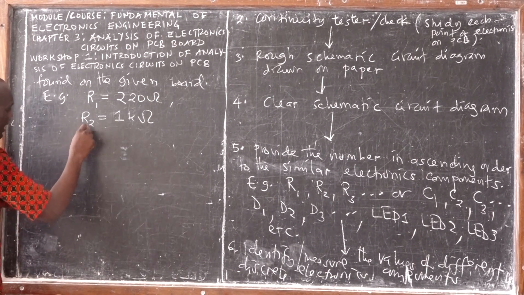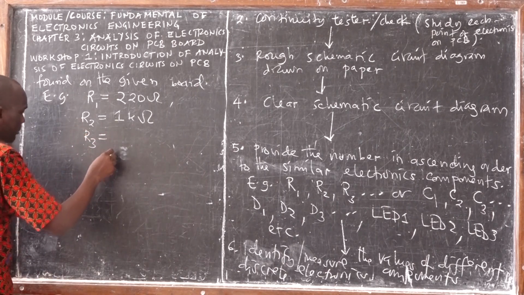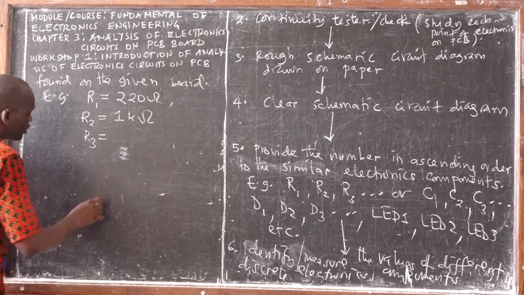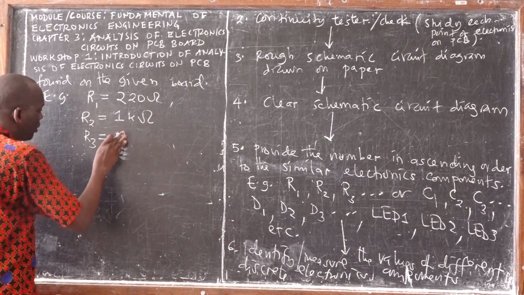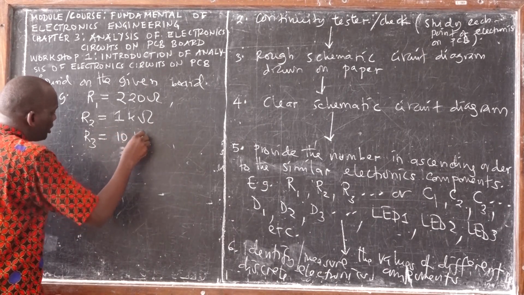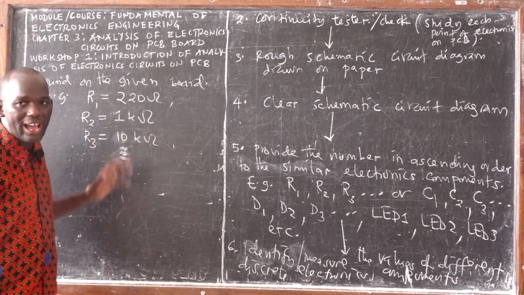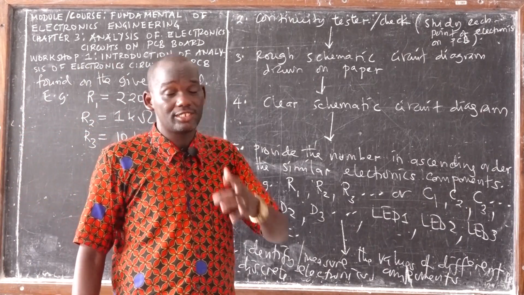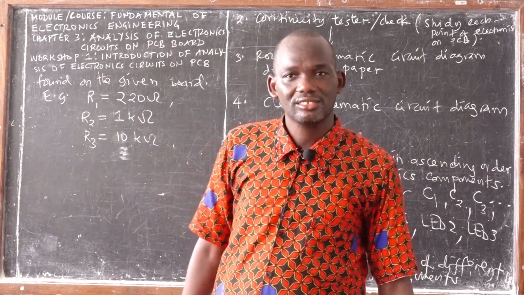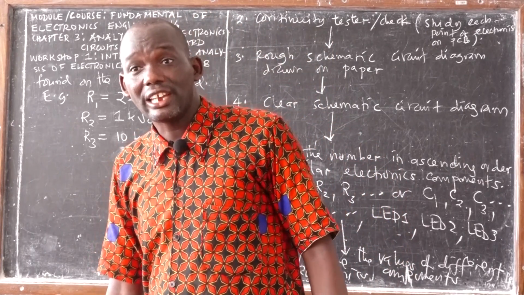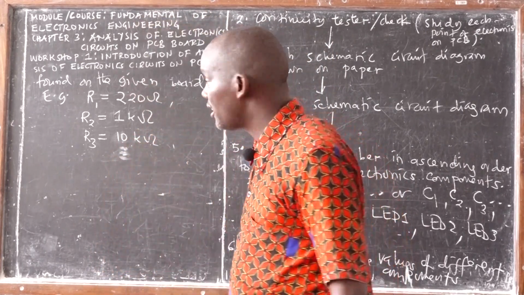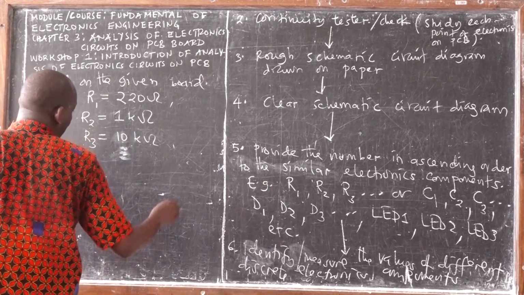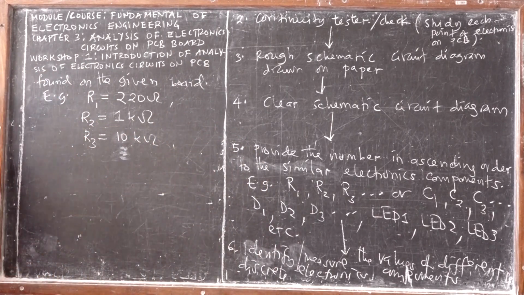If also you have another resistor, resistance 3, maybe it is 10 kilo ohm. So once you have these values, you can go to the step of simulating. Are we together? Okay. So that is step number 6.